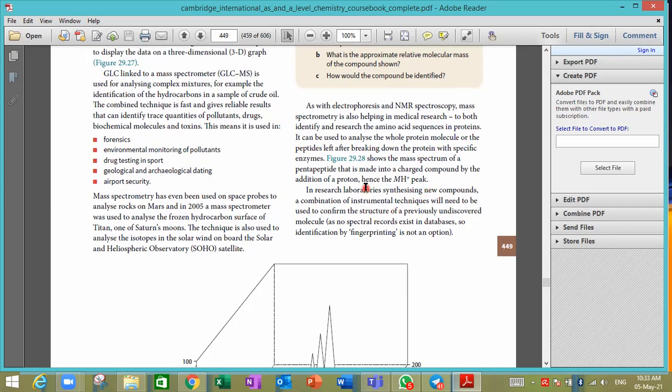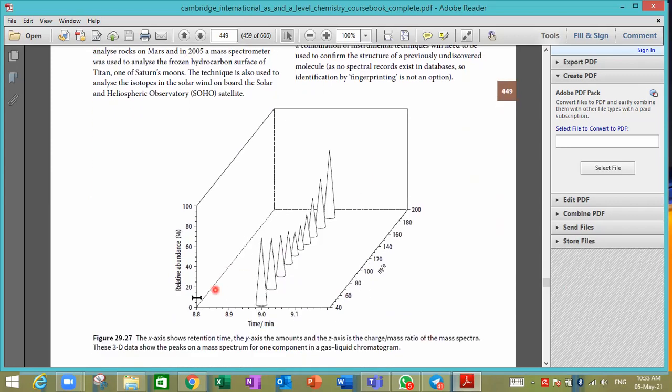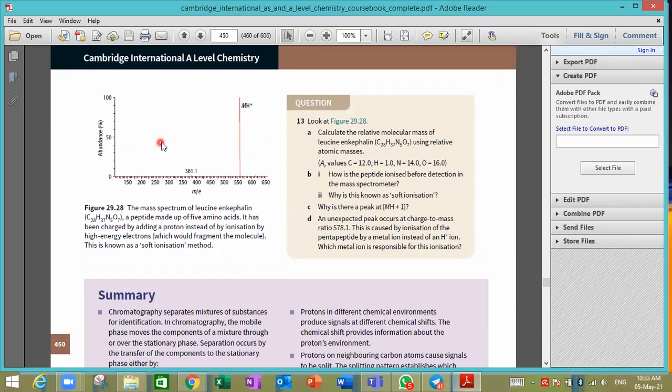They said that this is figure 29.28. This is the mass spectrum of a peptide that consists of 5 amino acids. And from the molecular ion peak, they deduced the molecular mass of the peptide, which corresponds to this molecular formula, C28H37 and 507.